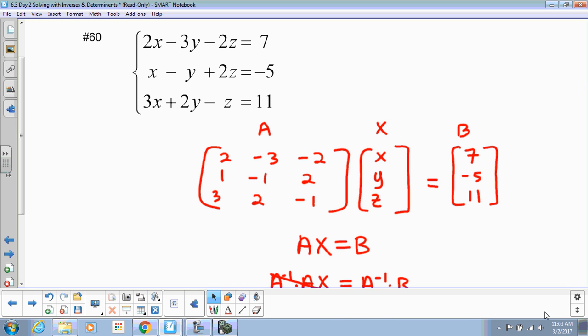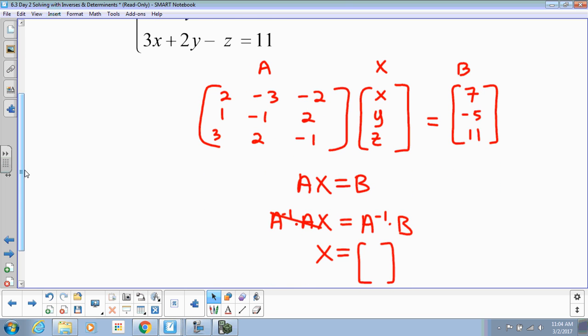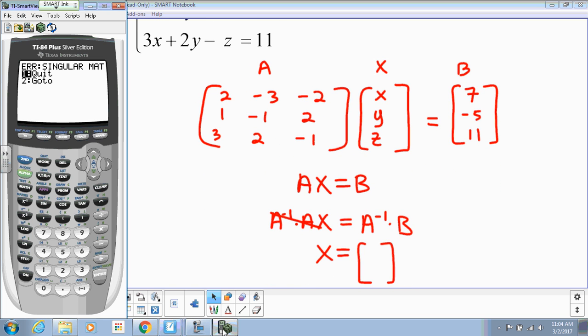Okay, so same thing. So second matrix over to edit. This time A is a 3 by 3. Okay.